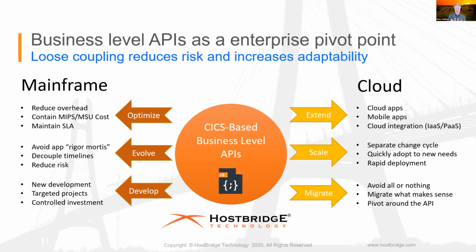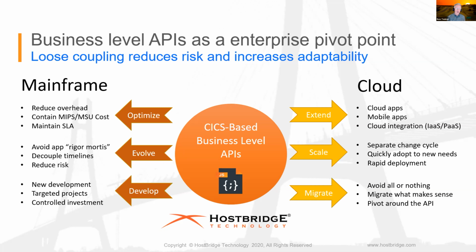So when our customers use our product to create business-oriented APIs, what we see on the left-hand side is that they're far more readily able to optimize their existing suite of applications.